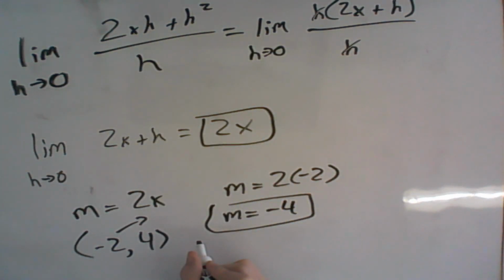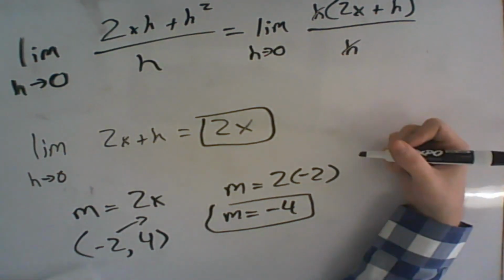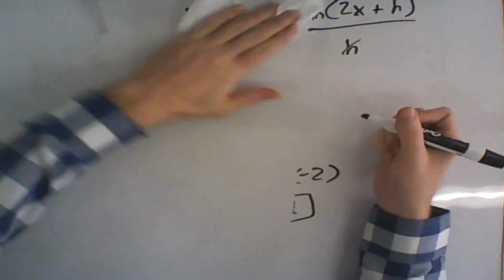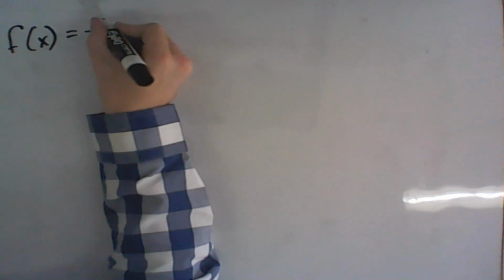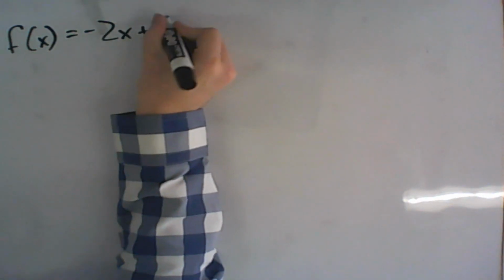Okay, let's try another one. Try to find the slope of f of x equals negative 2x plus 4, okay?